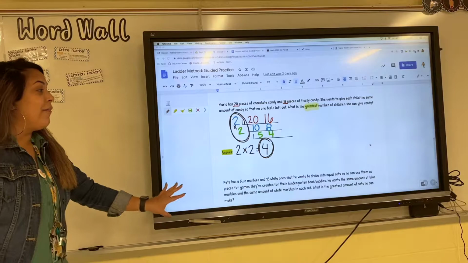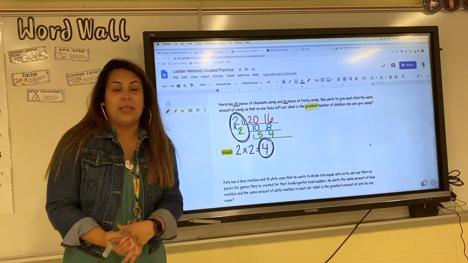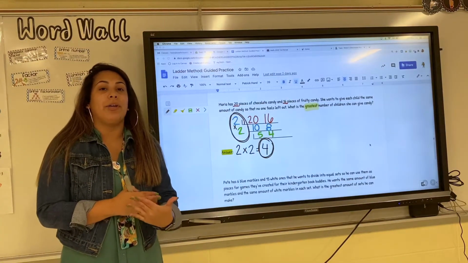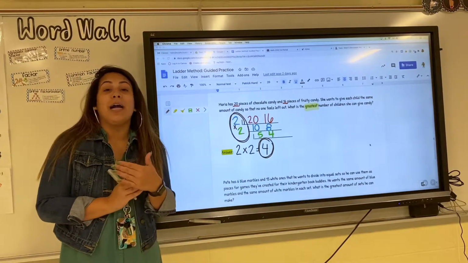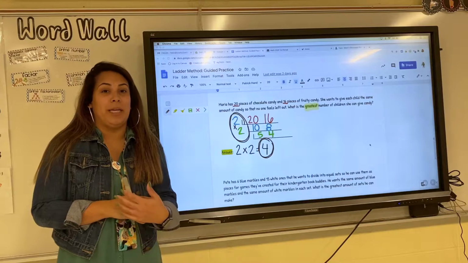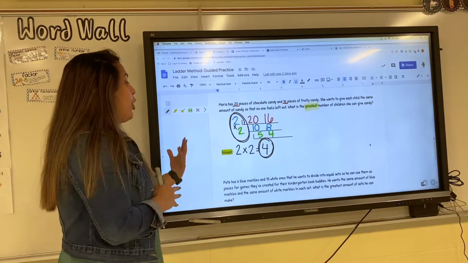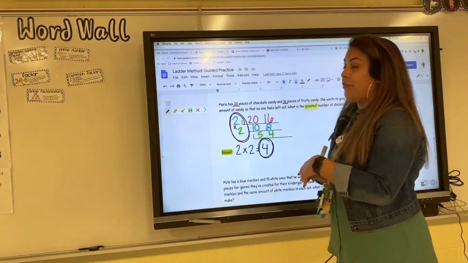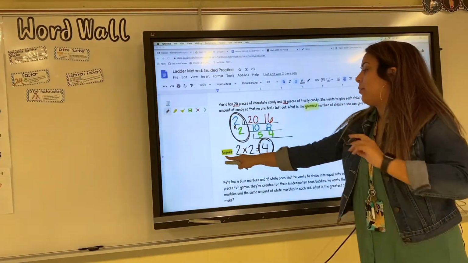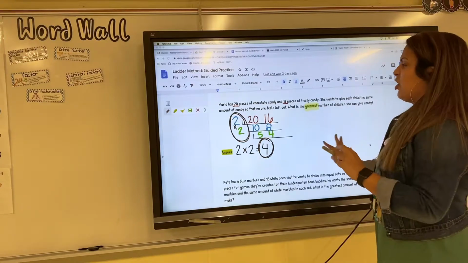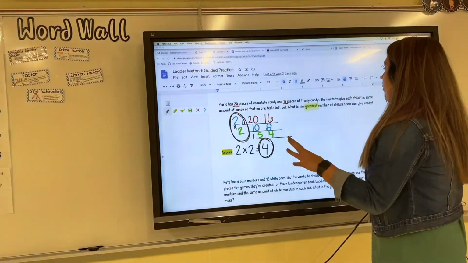Now, whenever we are dealing with word problems, there's a specific way I want you to answer them. I want you to write your answer as a statement or a sentence. So for this, if you are typing this, you can type it underneath where it says answer. But I'm just going to write it over here just because I write really big.